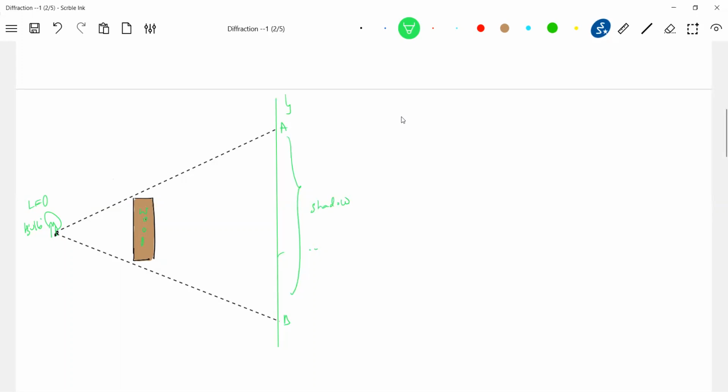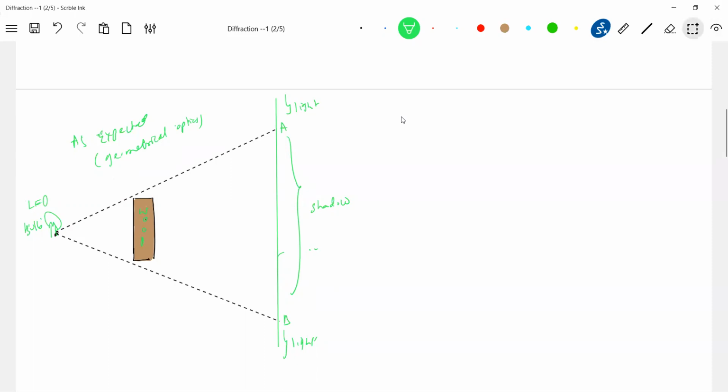And in this region there'll be light, as expected. So what is this? Geometrical optics, or rectilinear propagation of light. But practically what will happen?